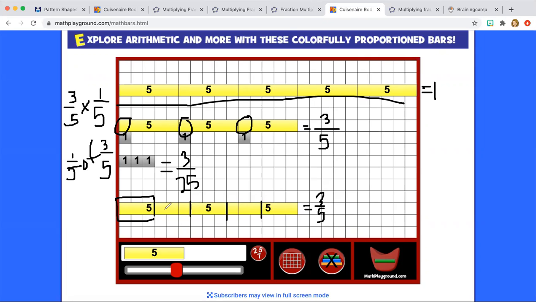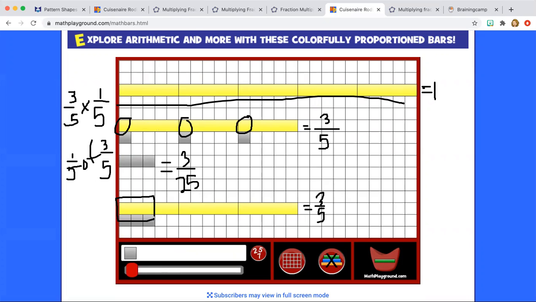So those are my 5 equal pieces. So this 1/5 is, oopsie, 1, 2, 3, right? Length 3. And I'll turn off the numbers so you can see. So 1/5 of 3/5 is my 3/25, right? 3 of these little whitish gray ones.